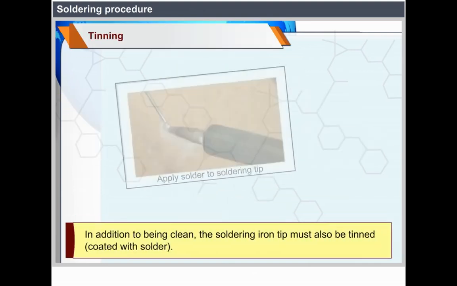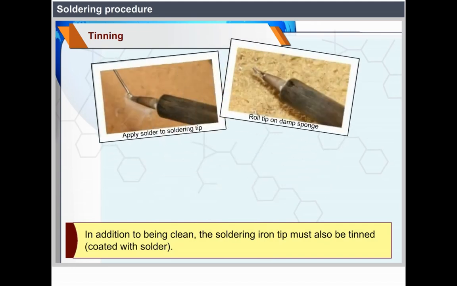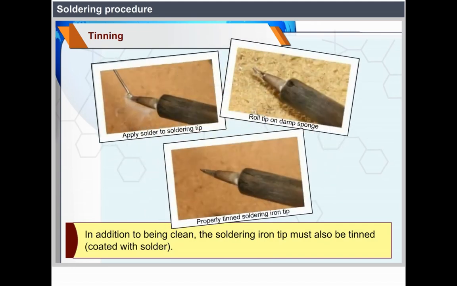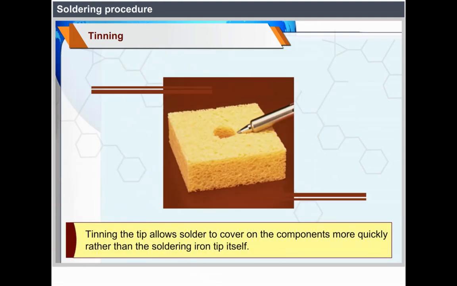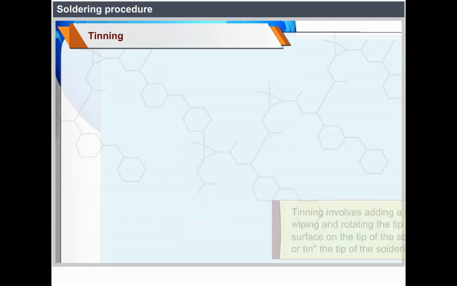Tinning. In addition to being clean, the soldering iron tip must also be tinned, coated with solder. Tinning the tip allows the solder to flow on the components more quickly rather than on the soldering iron tip itself.